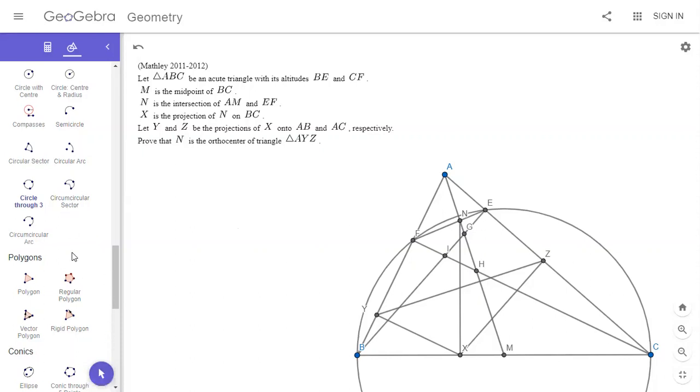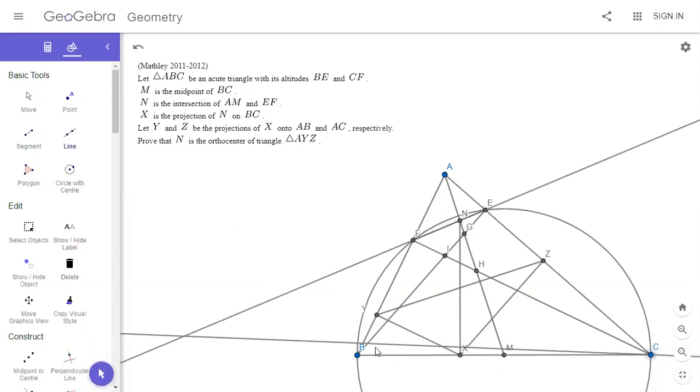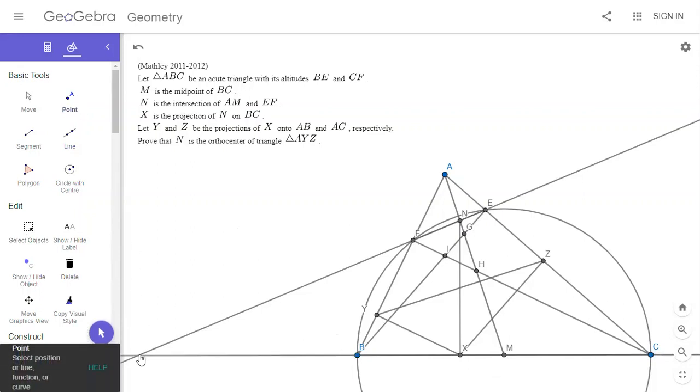Yeah, let me do it like this. So we know F, N, E, and J are in harmonic conjugation, right? So that means B, M, C, and J are in harmonic conjugation.